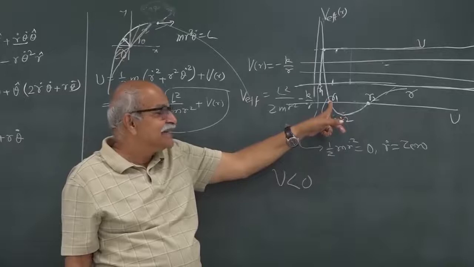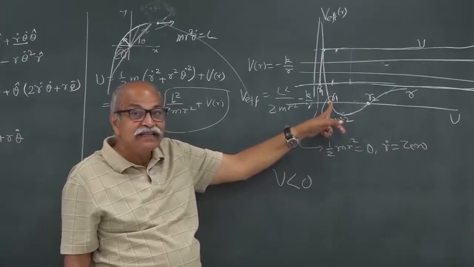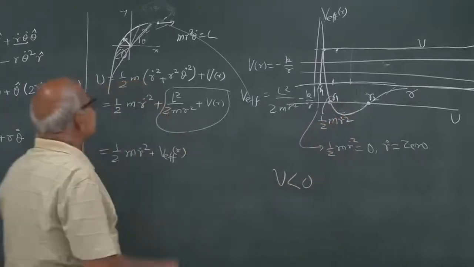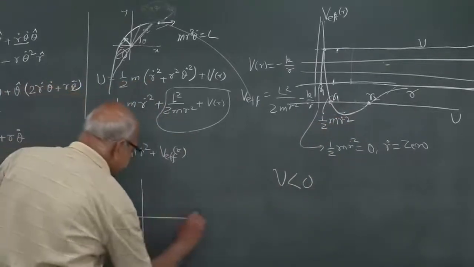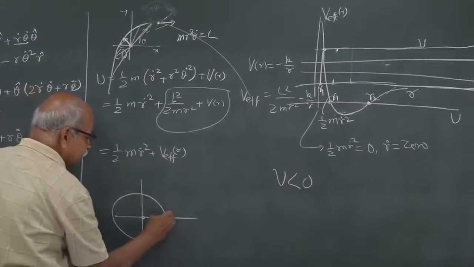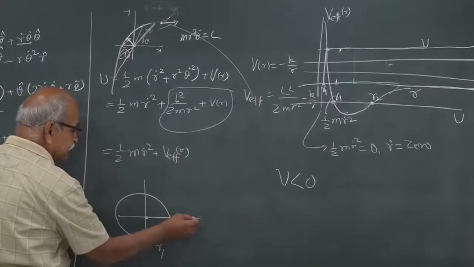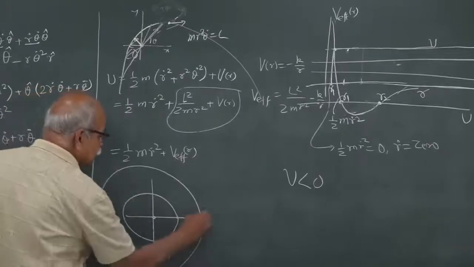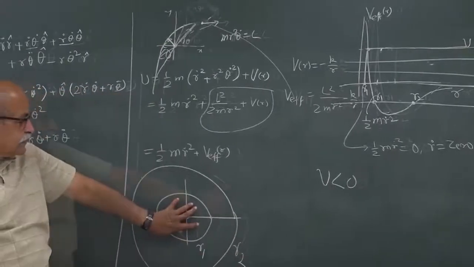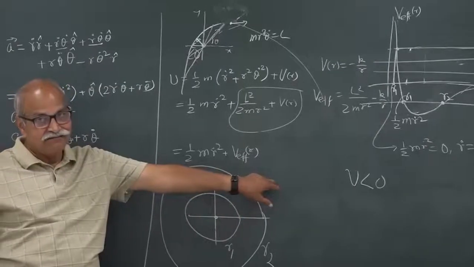This time r has reached a minimum, and after that r will start increasing. So, physically, if this is the origin, and this is a circle of radius r1, and this is a circle of radius r2, the particle cannot go inside this circle and cannot go outside this circle.